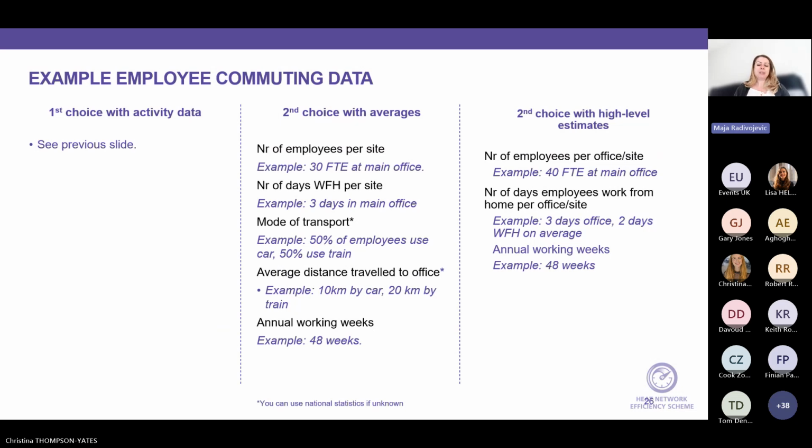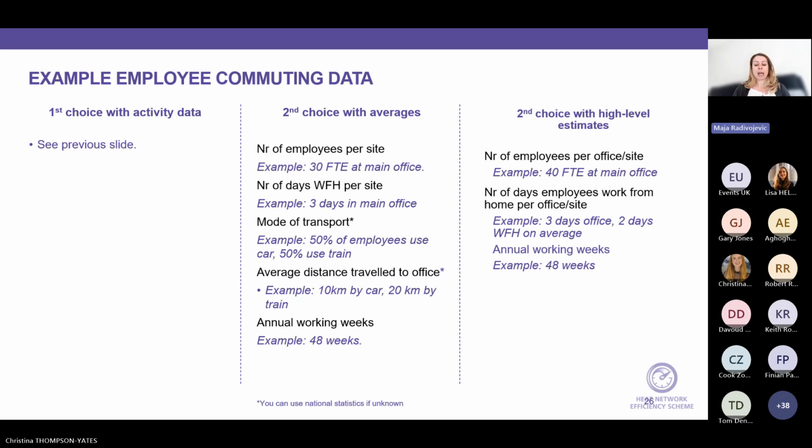So as mentioned in the previous slide, first choice data would ideally be detailed activity data, but second choice data can use averages instead. So for example, you might provide a number of employees per site, perhaps 30 full-time employees at the main office, and the average number of work from home days, the transport split, such as 50% traveling by car and 50% by train, which is often the case, average commuting distances, and annual working weeks.